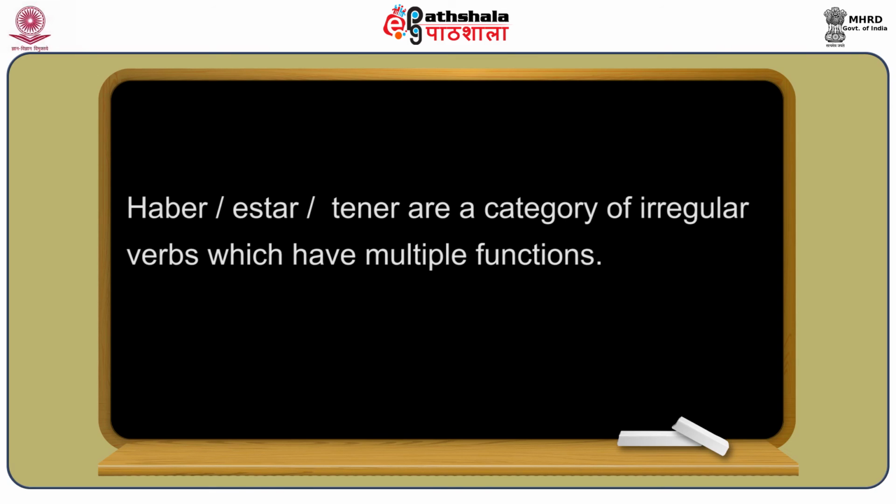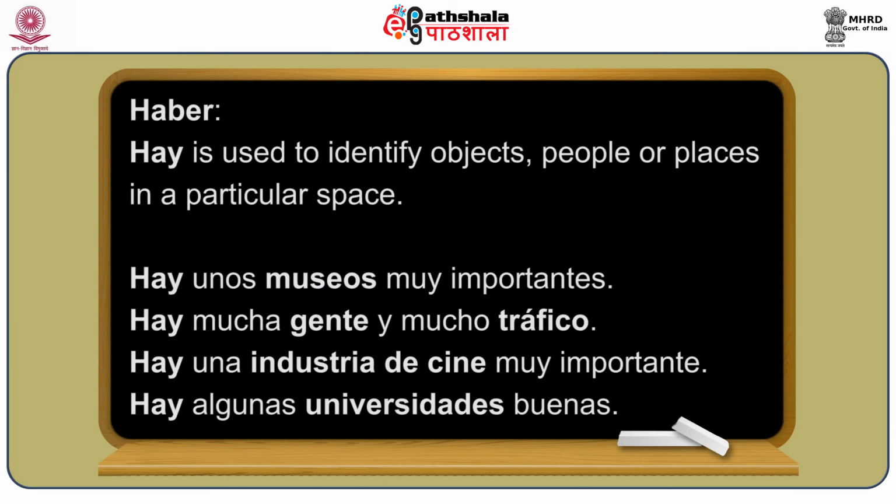Now there are verbs like haber, estar, and tener, and these are a category of irregular verbs which have multiple functions. Now let's see their uses one by one. Hay is used to identify objects, people, or places in a particular space.